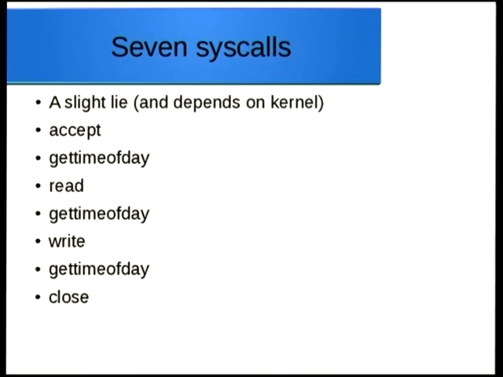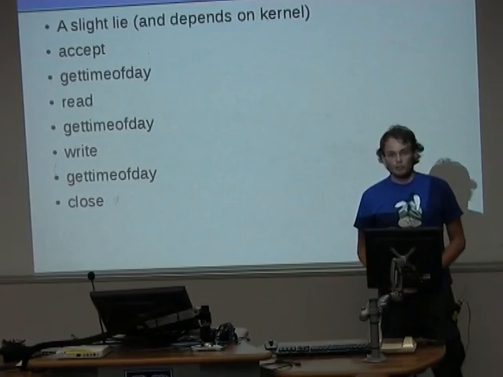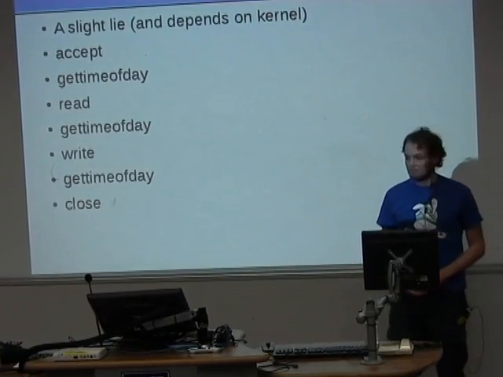So it's a bit like how do you solve a math problem? You sit down and think about the problem and write down the answer. So to serve a web page in 7 syscalls, you accept the connection, you read the request, you write the result, and you close the connection. Pretty easy.